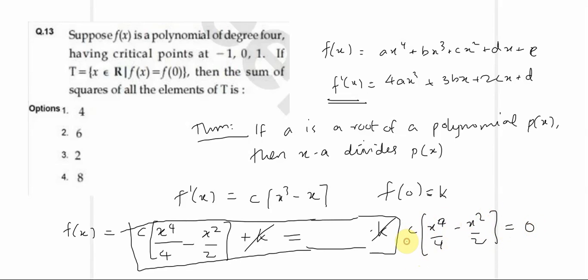Okay, c is a constant, you can cancel it. So this is x square into x square by 4 minus 1 by 2. This is right.